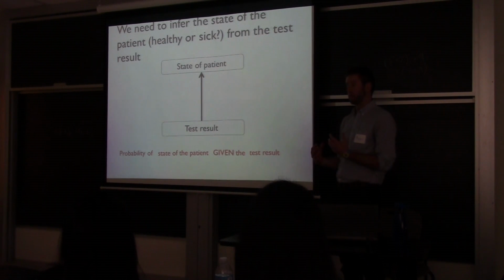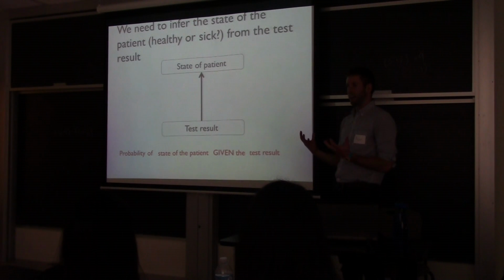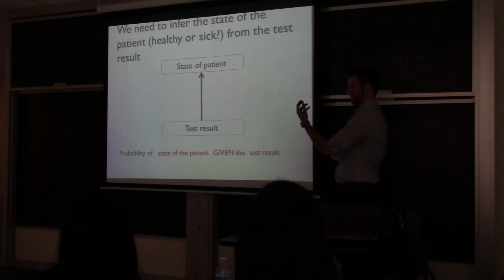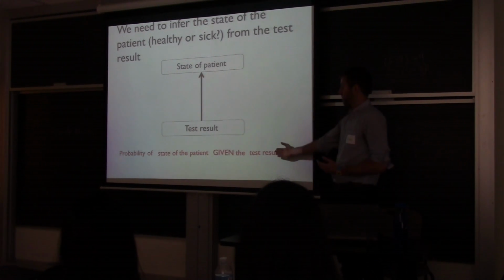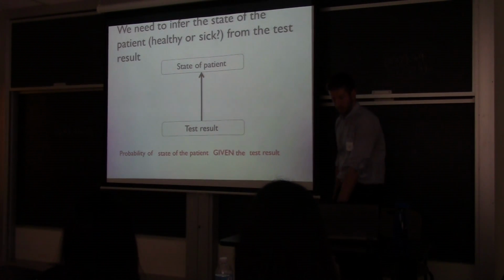What is the probability that the person is sick or healthy, given that we, the doctors, have gotten a certain test result? So we need a way of combining current evidence, in other words the test result, with past evidence, in other words the strength and reliability of the test.